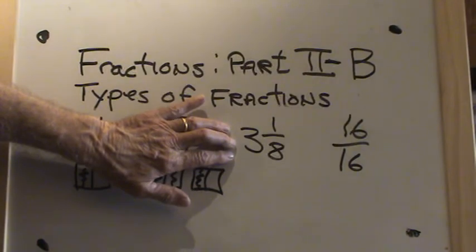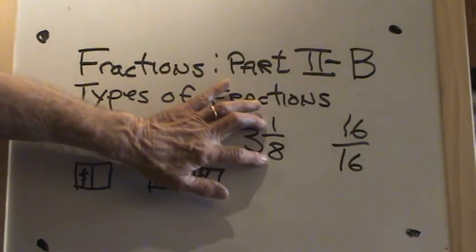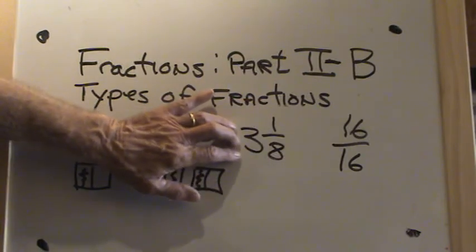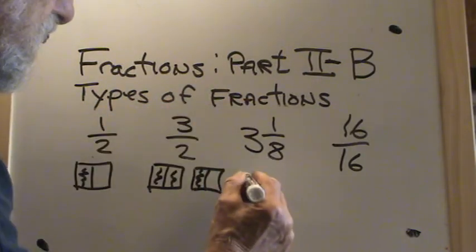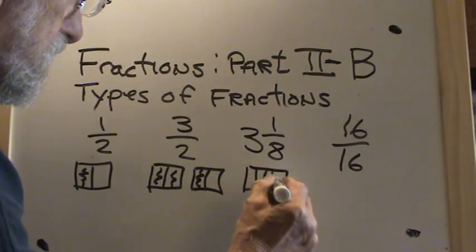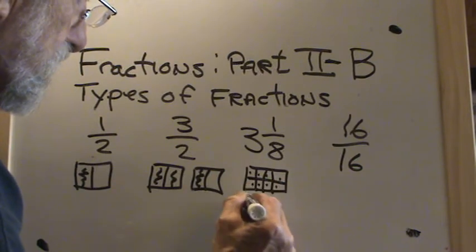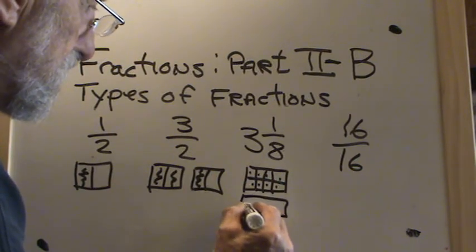A mixed number is a whole number and a proper fraction. So there are 3 wholes here. So you would have to draw, and there are 8 in the whole. So we'd have to draw 3 of those.